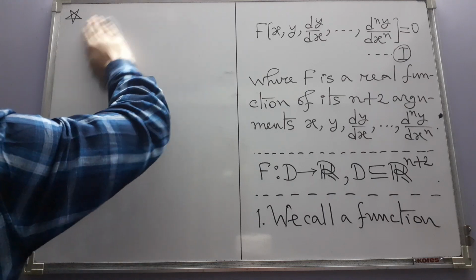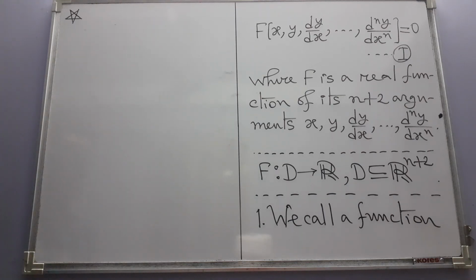The first type is called an explicit solution, which we are defining.